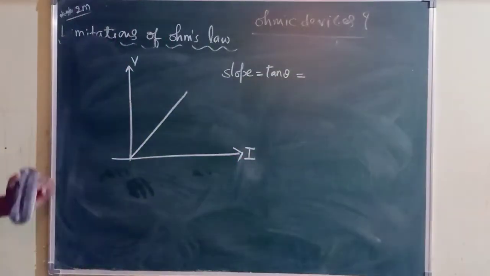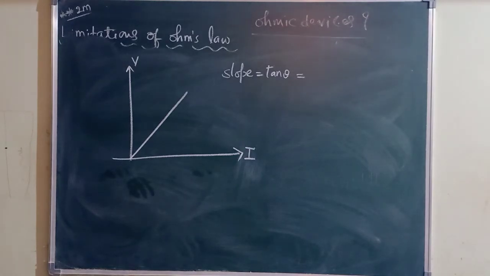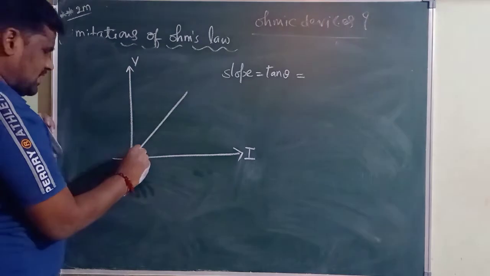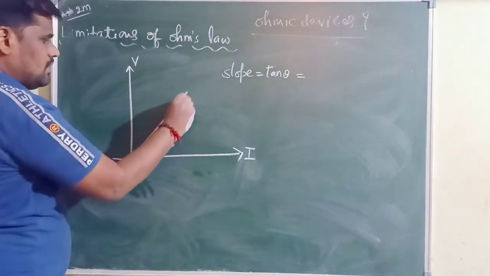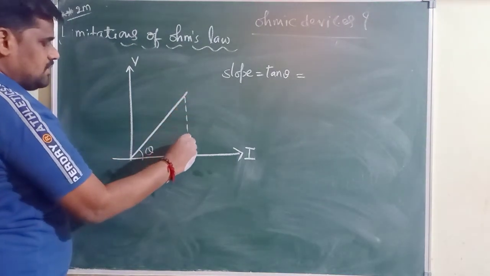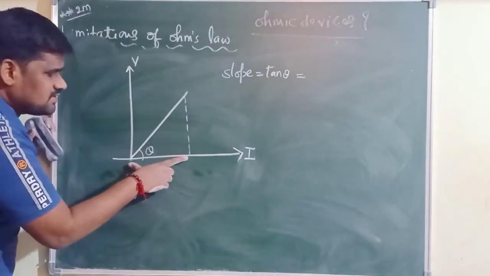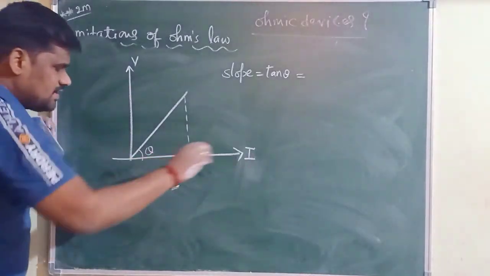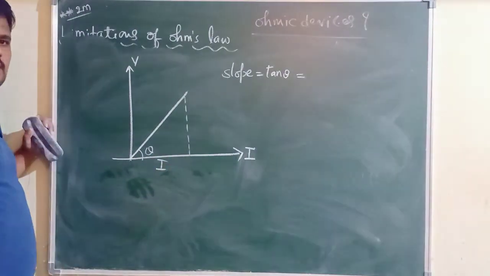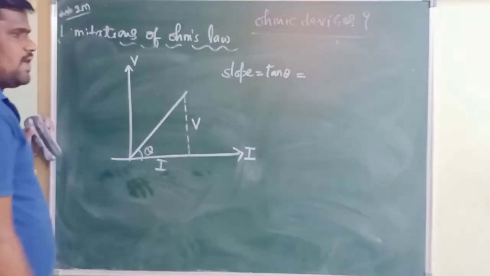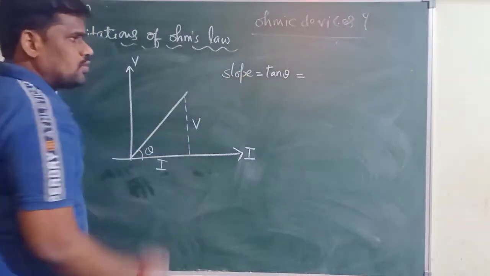Tan theta is given by opposite side by adjacent side. If it is theta, this is the opposite side and this is the adjacent side. The adjacent side is the x-axis and the opposite side is the y-axis.